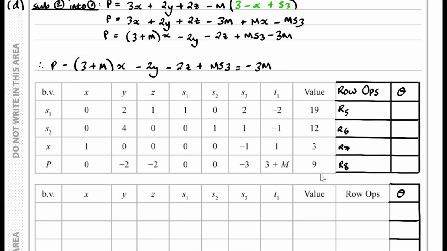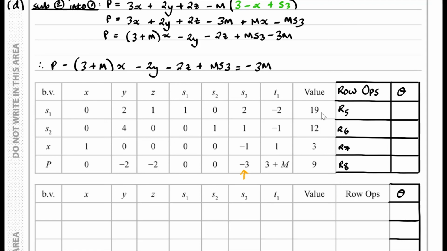Now we need to work out the values of theta to then identify where our pivot goes. First of all, we look for the most negative entry. Now the minus 3m is the most negative. So theta, let's work out these values.